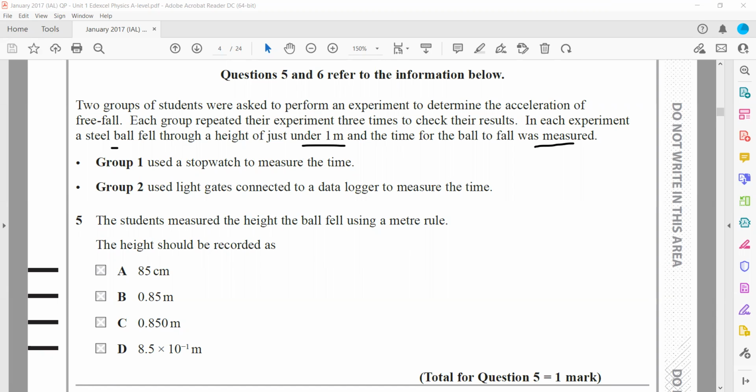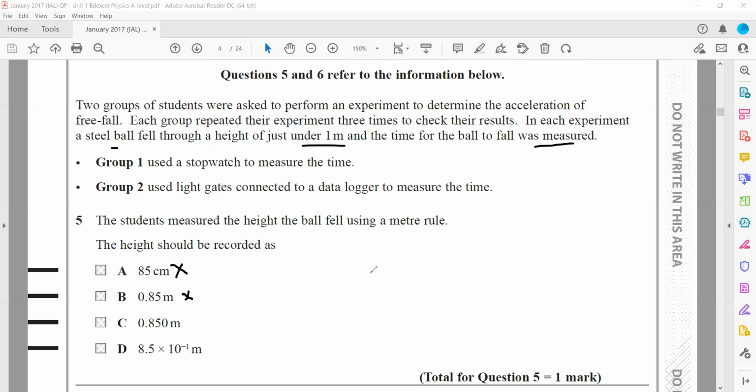Whenever we are using a meter rule or a meter scale, it should be 3 significant figures. So which one measures approximately 3 significant figures? This is 85 centimeters, so not correct, that is 2 significant figures, because the meter rule can measure to 3.